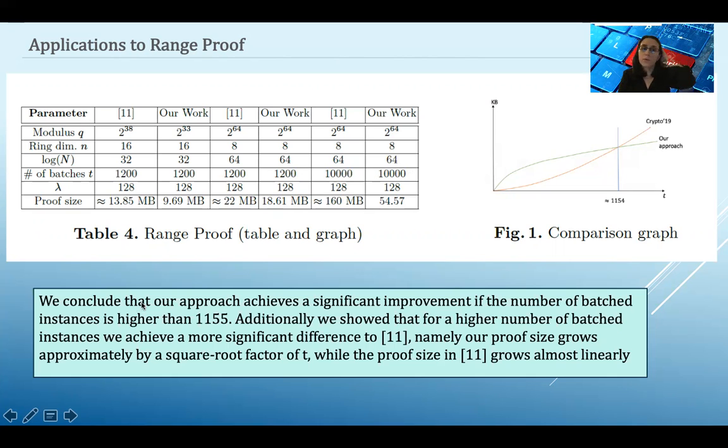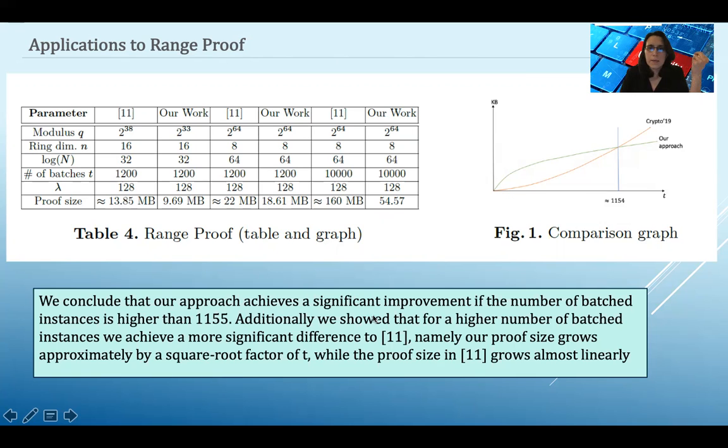So what we can conclude is that our approach achieves a significant improvement in the number of batched instances. From 1,155 batched instances, we can realize an improvement in the proof size compared to that range proof presented in Crypto 2019.